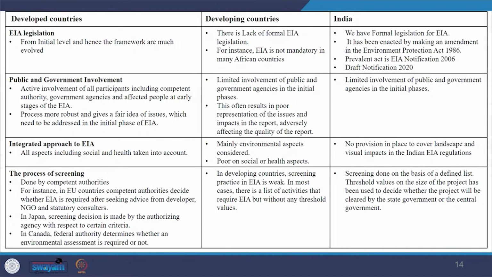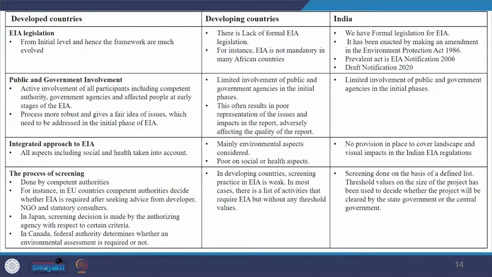Looking at another aspect, that is the integrated approach to EIA, we see that in developed countries all aspects, including social and health, are taken into account. While in the developing countries, the focus is mostly on geophysical aspects, and other social and health aspects are not well considered.